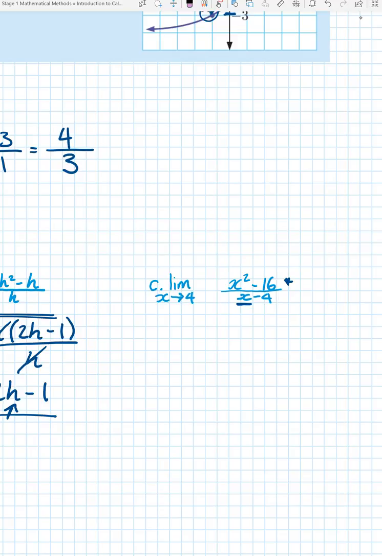Now it's usually an indication here that whatever is on the bottom line is going to be a factor of what we have on the top line. Now in this case, we have a square here and a square here with the difference or a negative in between. So we have the difference of two squares law.